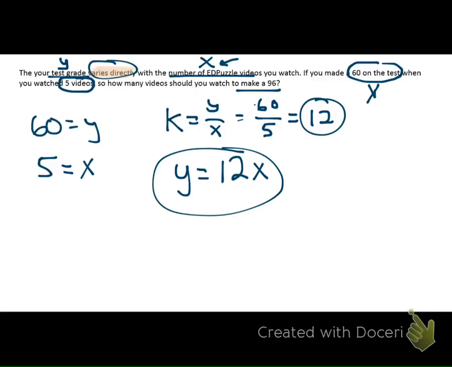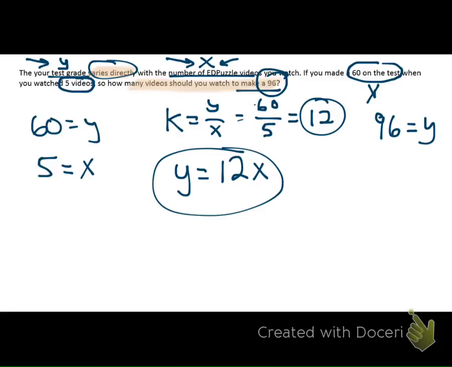So now I can come and answer the question. The question is, how many videos should I watch to make a 96? Well, I have to ask myself, what is that 96? Is it a grade, making it a y, or is it a number of videos, which would make it an x? Well, 96, that's a grade. So that means I have the y value. So 96 is y.